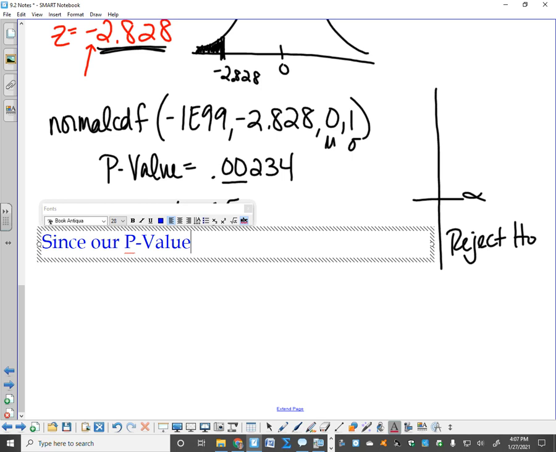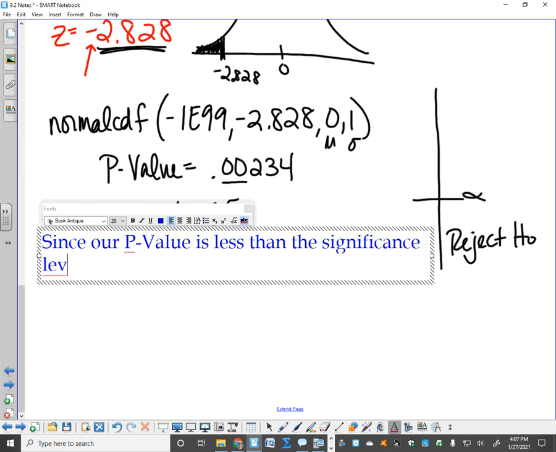Since our P value is less than the significance level, and this is where I would draw the Jesus fish, I'm just going to write A because I don't have a key for that.